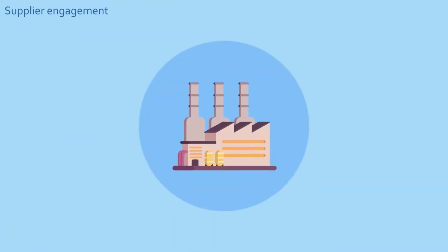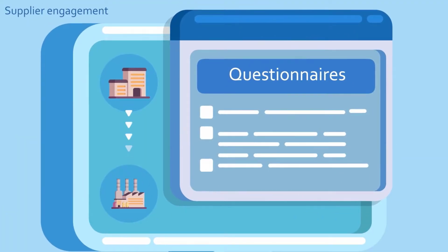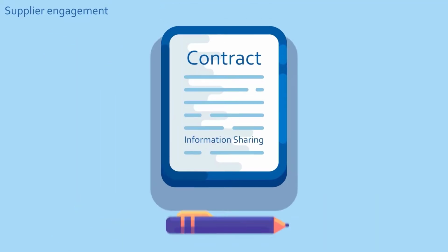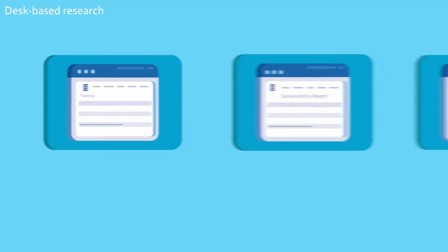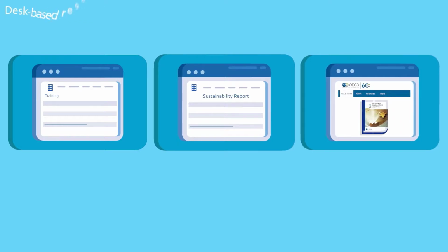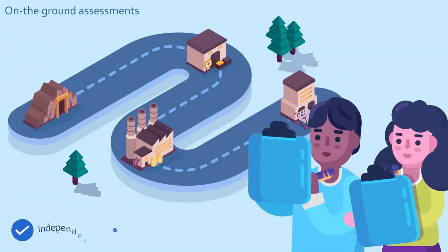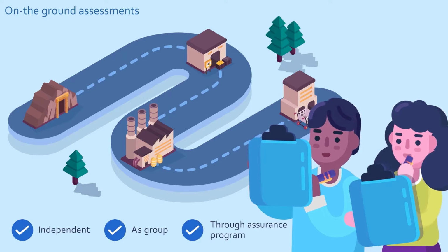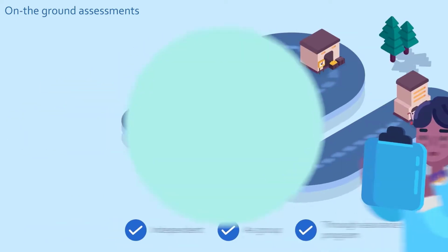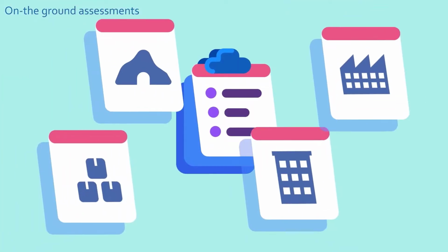Have suppliers answer questionnaires and put information sharing requirements in contracts. Conduct desk-based research. Then conduct an on-the-ground assessment, alone or in partnership, using a competent assessment team. Engage with all relevant stakeholders.